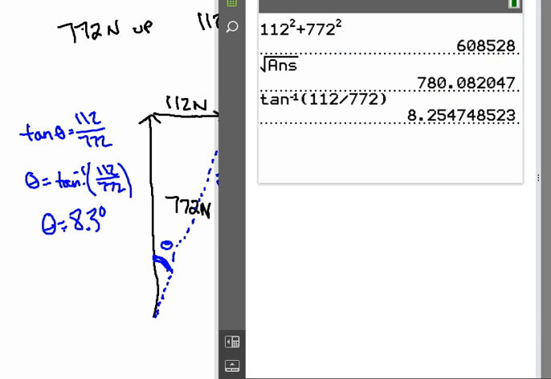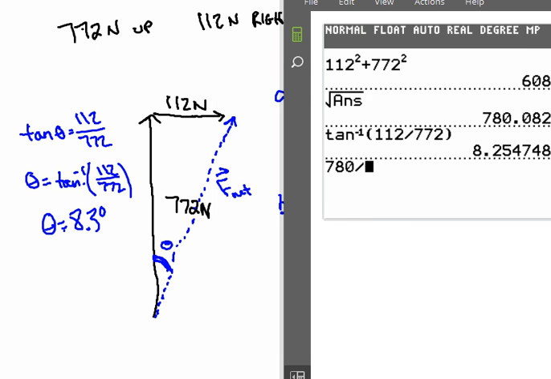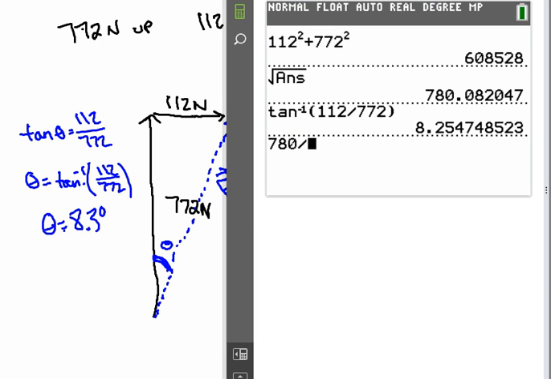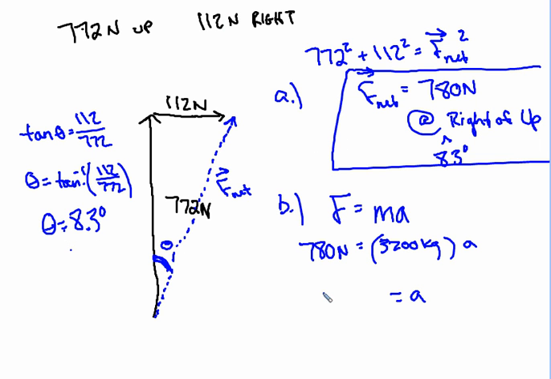And you'll find the acceleration. 780 divided by 3,200, acceleration of 0.24 meters per second squared, and that is 8.3 degrees right of the way it was initially driving, right of up or forward.